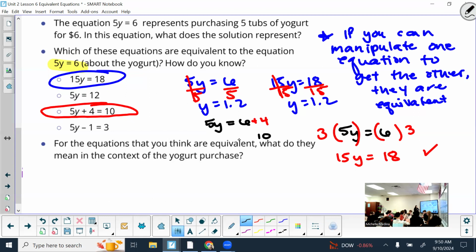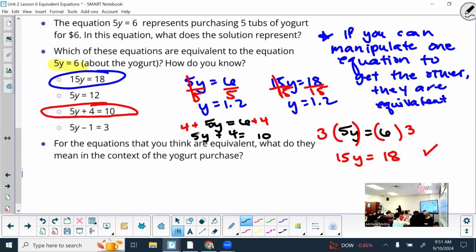And whatever you do on one side, you do to the other side. The left side is 5y plus 4. So they did do it on both sides. You can't really combine it and make it 9y or anything like that. They're not like terms. You just rewrite it next to it, and yeah, that does check out. Good.